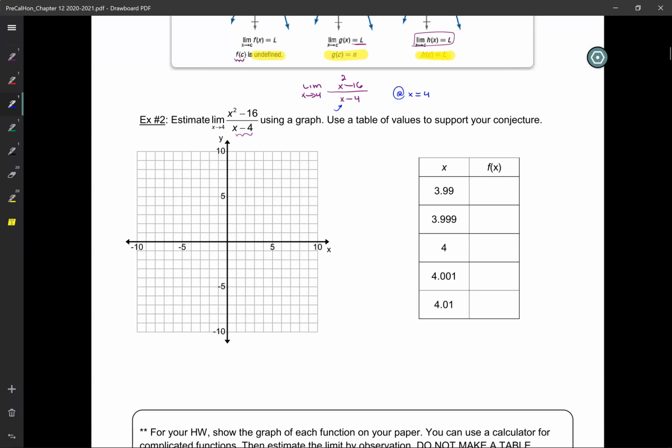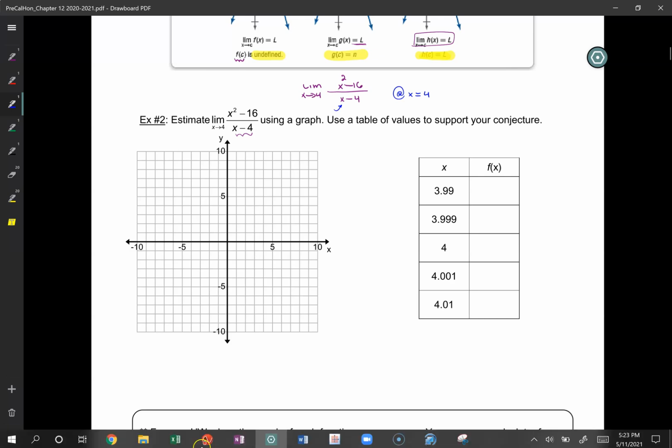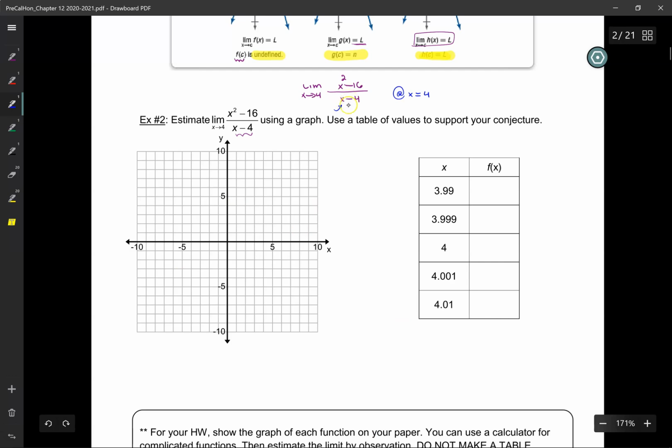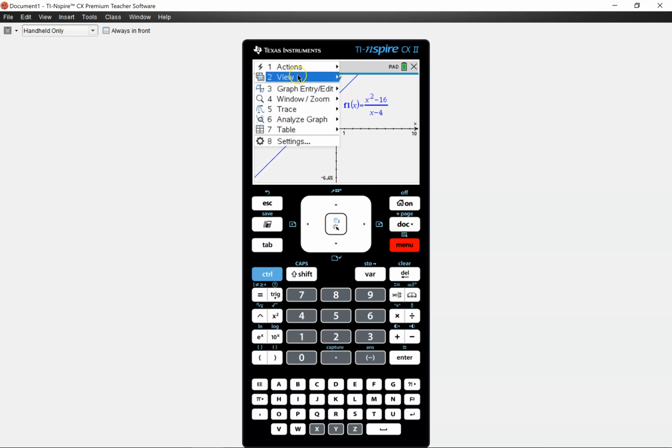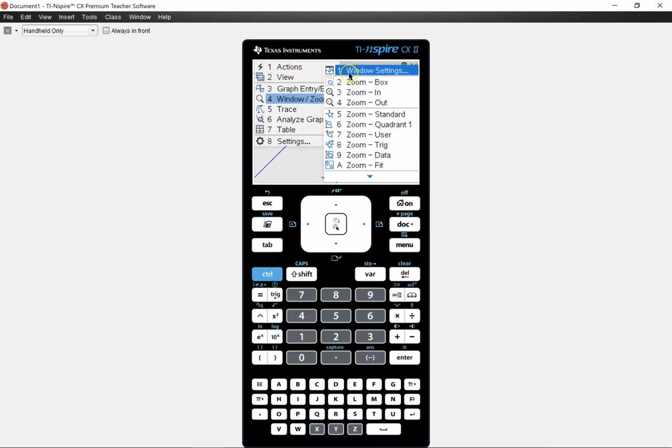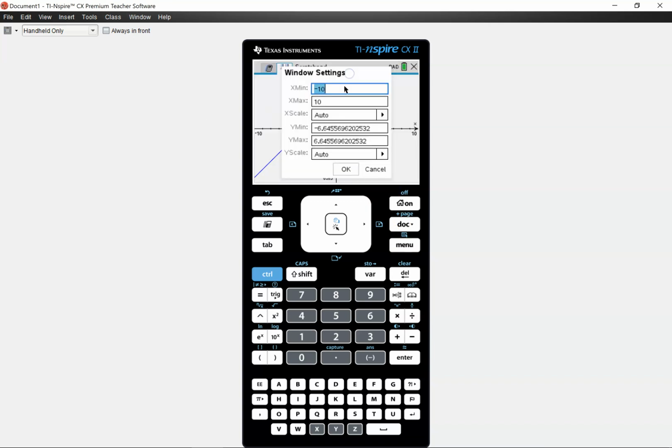All right, we're going to talk more about this, but for now, why don't we use our calculators to see what this looks like? Here's the function, and when I graph it, this is how it looks. I'm just going to adjust my window settings to see a better picture. I'm going to move Y max to about 10.